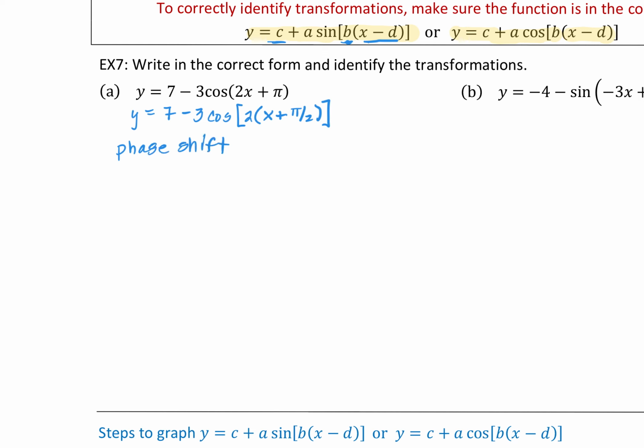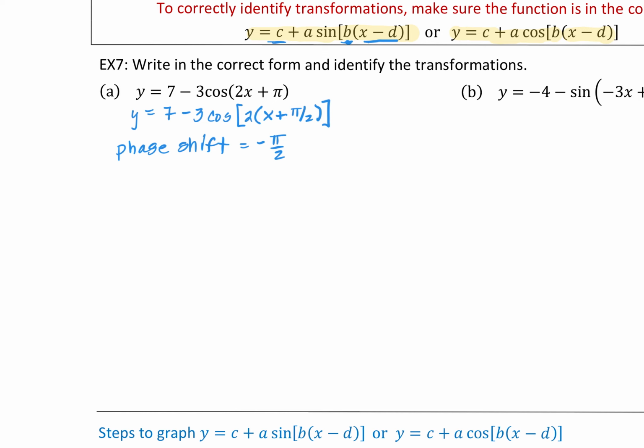So that's our phase shift. And if we are going left, since we're going in the negative direction, it's a negative pi over 2, because in reality, what we're doing is minusing pi over 2 from our usual values on the x-axis. And that would give us our shift left.